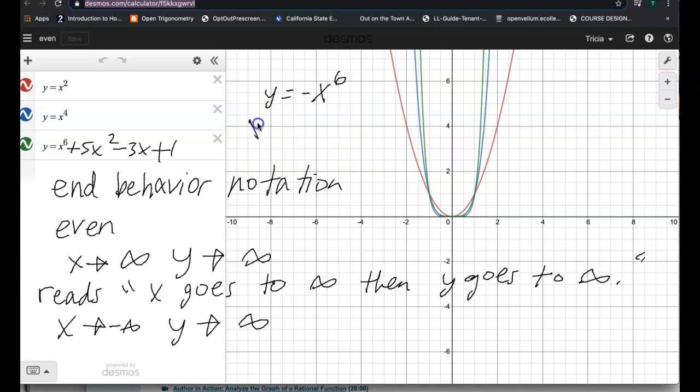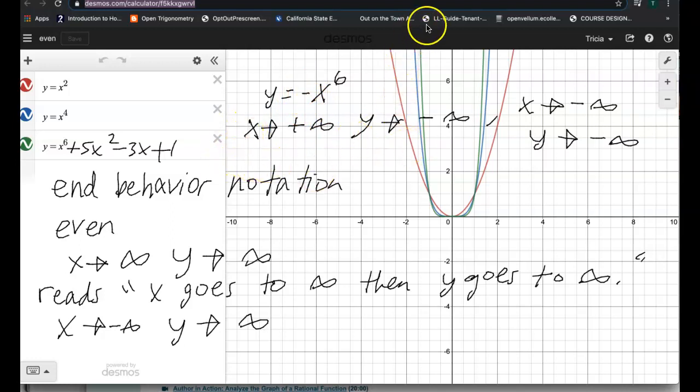So as x goes to positive infinity, y now goes to negative infinity, and as x goes to negative infinity, y goes to negative infinity. So we could have expected that as well, because we know from section 1.5 that the negative on the outside is going to flip the graph over the x-axis.